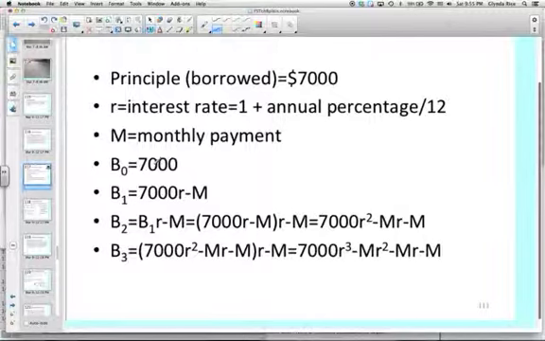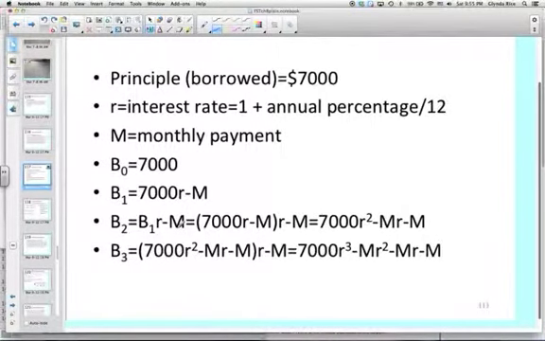Notice we're using 0 as our subscript here. So you borrow $7,000. Then at the end of 1 month of owning your new used car, the $7,000 is assessed interest, and then you make a monthly payment. So they subtract that amount of money from what you owe. Then at the end of another month, you have the balance from last month.